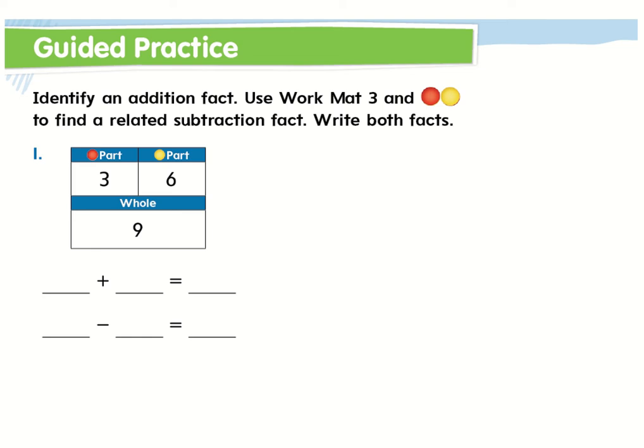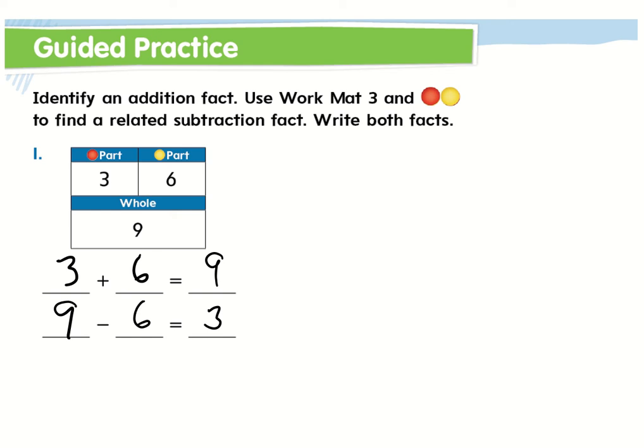So let's do that on the bottom here. So I have part plus part equals the whole. On the bottom with subtraction, we do a whole minus part equals part. So that means I can start with the whole. Remember, biggest number with subtraction first, and I can pick any part that I want. So I could do, let's say, 6 equals 3.